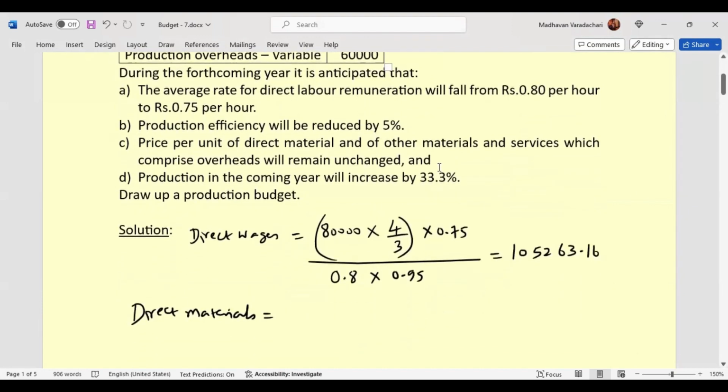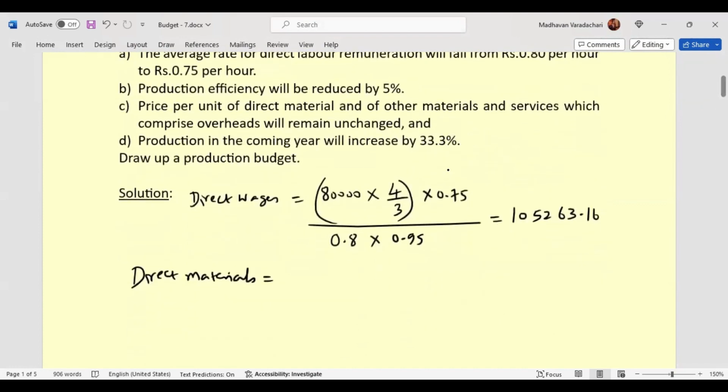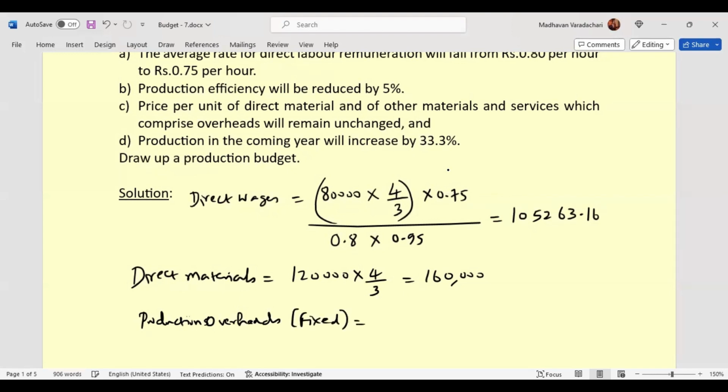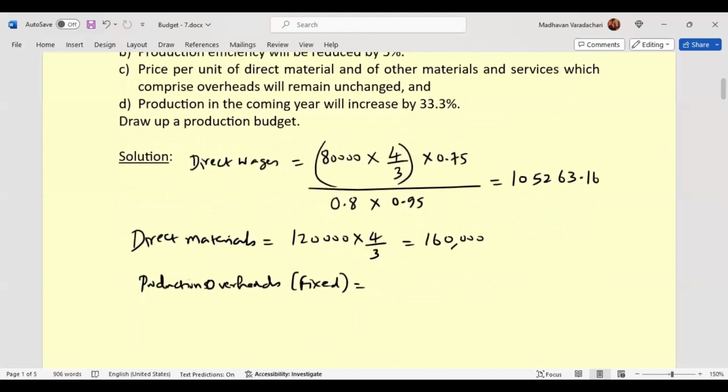Then comes direct materials. Earlier it was 1.2 lakhs. That will be increased because production is increasing by 33.3%. So I will again multiply this by 4 by 3 to get 1.6 lakhs or 1,60,000. Then production overheads fixed will remain as it is, 40,000.